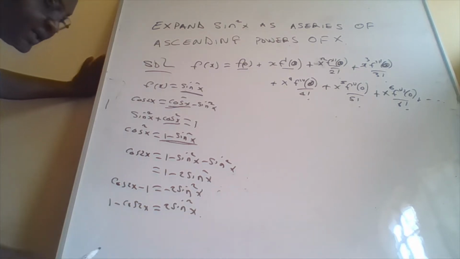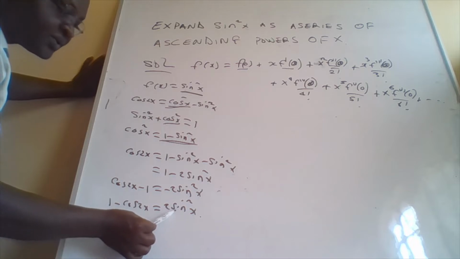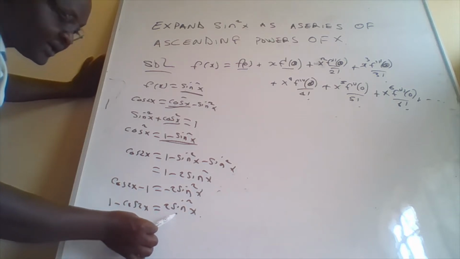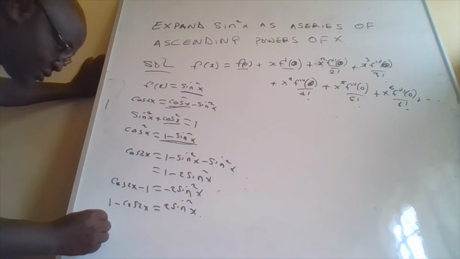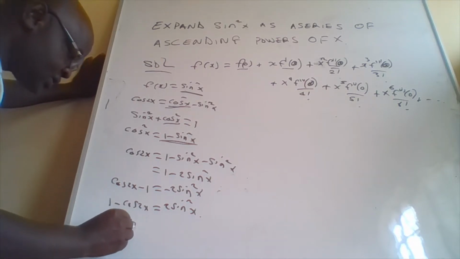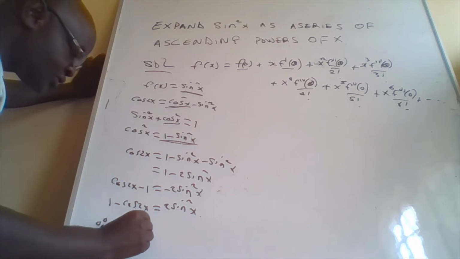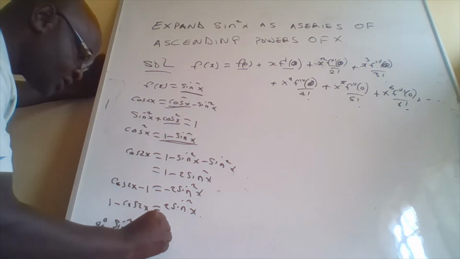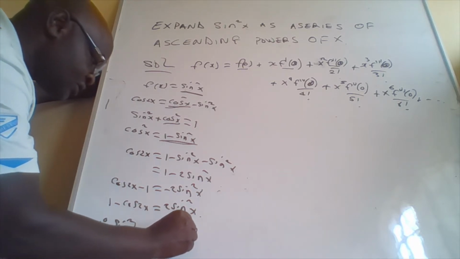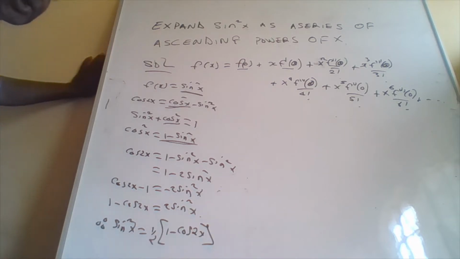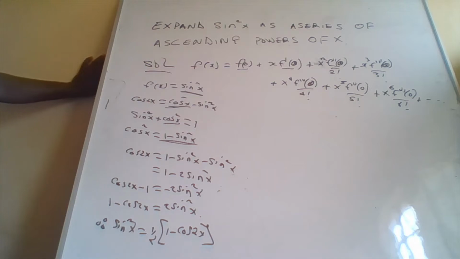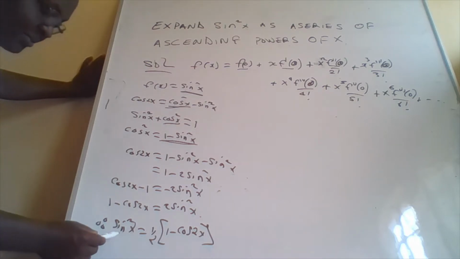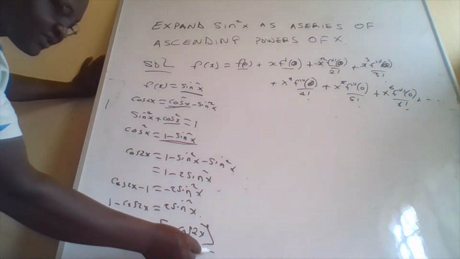Now, if I want to remain with sine x squared, I divide through by 2. Therefore, sine x squared will be equal to a half into 1 minus cos 2x. So remember, this is now sine x squared.